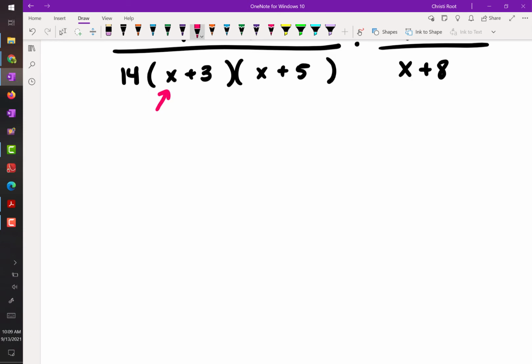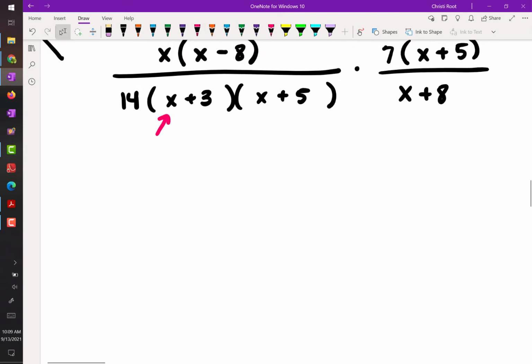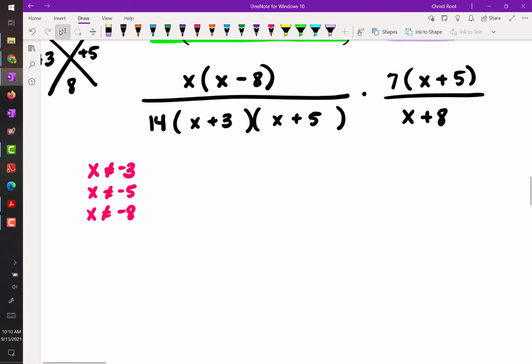That x cannot be what? Good. Cannot be negative 3. This x cannot be negative 5. And this x cannot be negative 8. Okay, so just off to the side, I notated anything that would create an undefined expression.